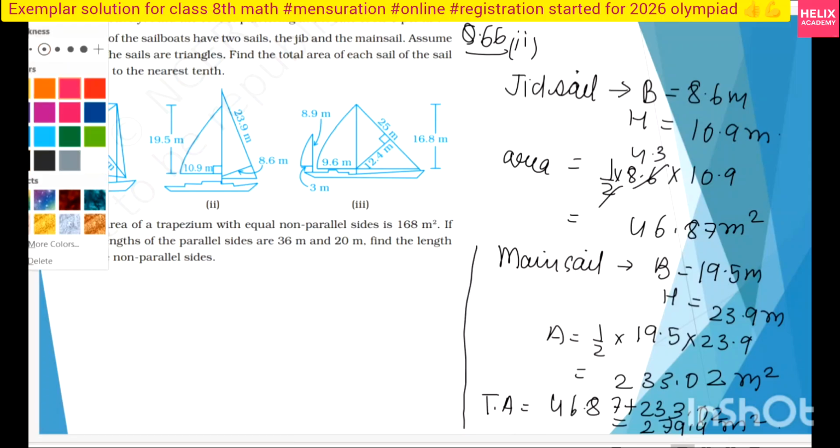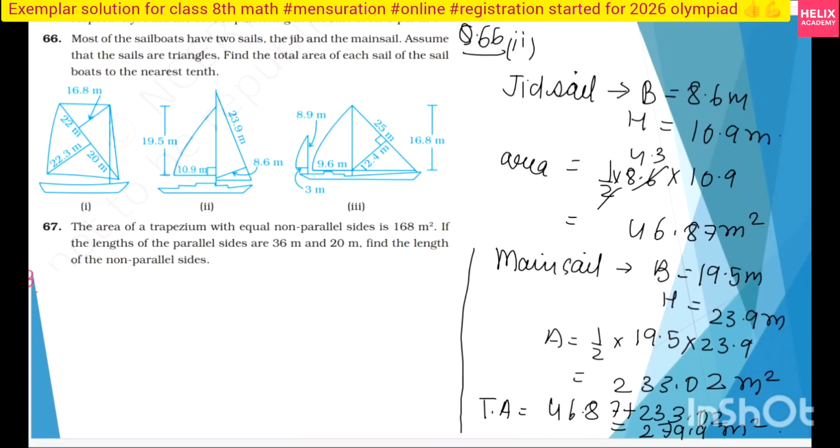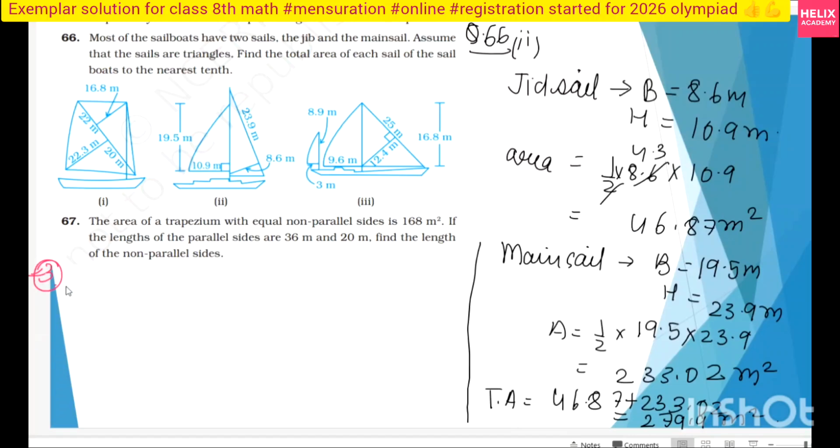Now solving for the third part. Jib sail will have base equal to 3 meter and height will be 8.9 meter. So your area will be 1 upon 2 into 3 into 8.9. So you are getting 13.35 meter square.